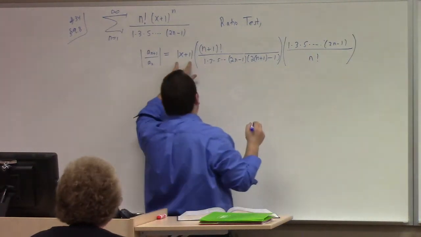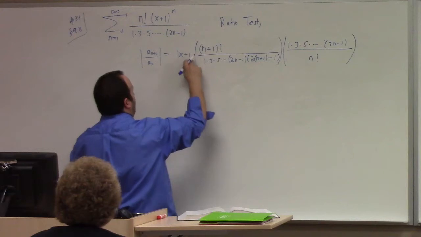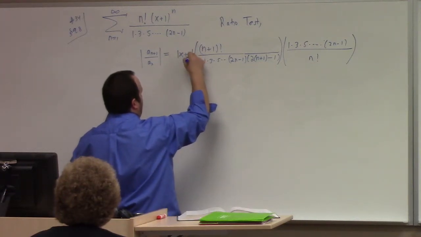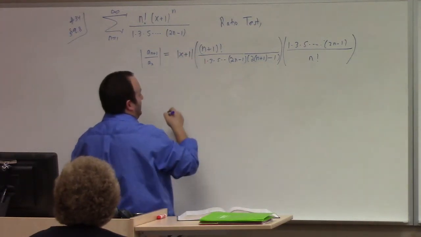I took the liberty of noticing that the x plus 1 to the power n is just going to simplify to the absolute value of x plus 1, as it always does.